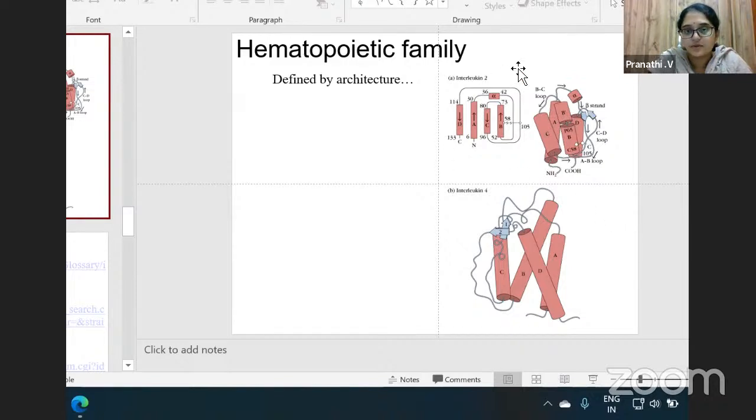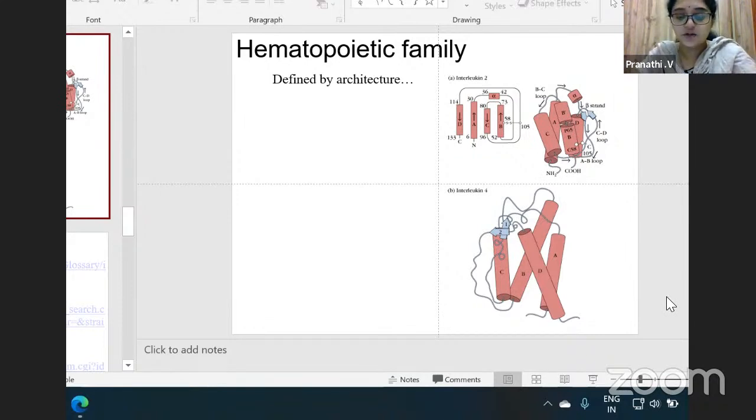This family includes IL-2 receptors, that is the beta subunit, IL-3, IL-4, 5, 6, 7, 9, interleukins 11, 12, then GM-CSF, then granulocyte colony stimulating factors, then LIF, CNTF. All of these are receptors present in the hematopoietin family. They are also receptors for thrombopoietin, prolactin, and growth hormones.